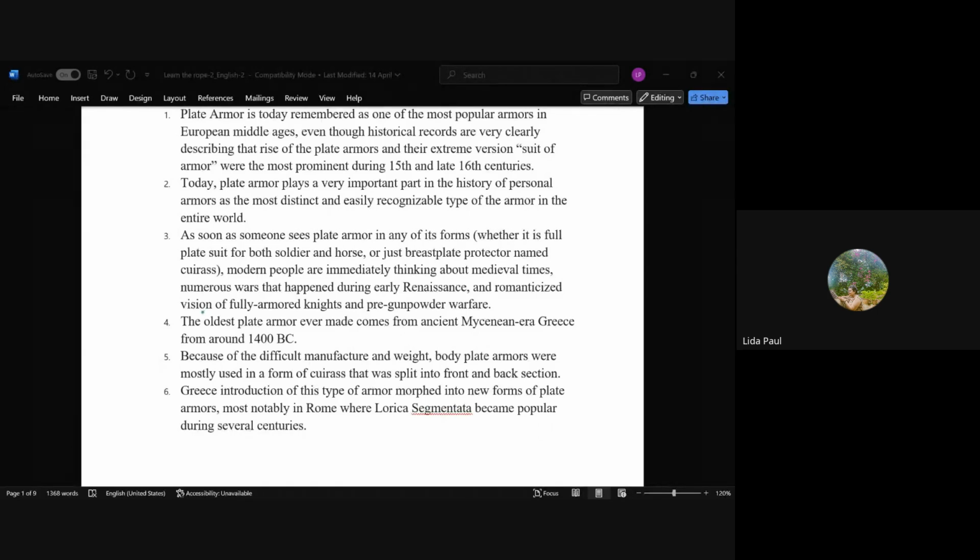How about early? Yes, ma'am, early Renaissance. It's an adverb. Why is it an adverb? An adjective, ma'am. Early Renaissance, late Renaissance, right? So they're adjectives, not adverbs.